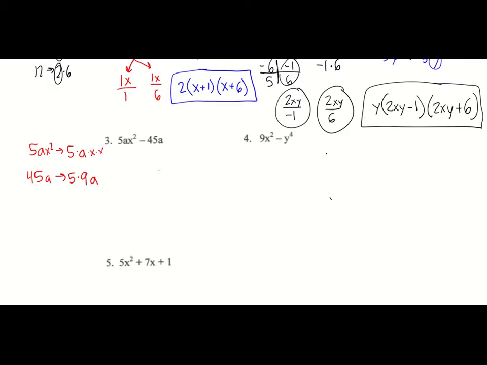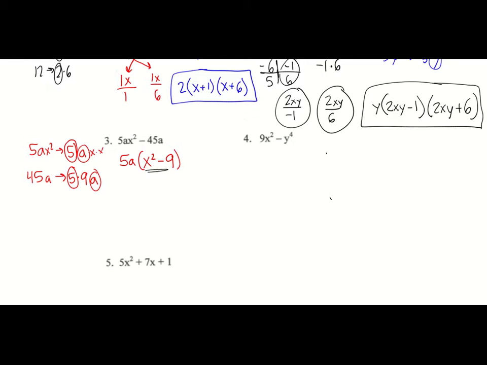Now I could split it up further, but I already see right away my 5 and my 5, and my a and my a can be pulled out of both of those. So if I do that, I have 5a pulled out front. That leaves me with x times x, which is x squared, minus 9.